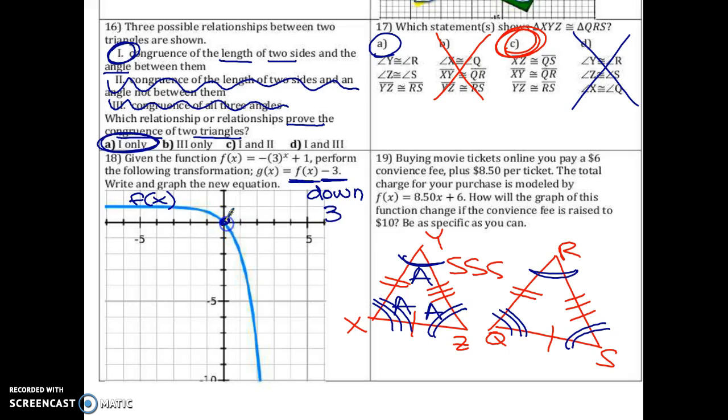If you take some of these points that are right on the grid, you can shift them down 3. 1, 2, 3. 1, 2, 3. And we know that it's going to come close to this line here at 1. So if we go 1, 2, 3, and that moves down, we're going to have a line that comes out like this, through those 2 points, and down.